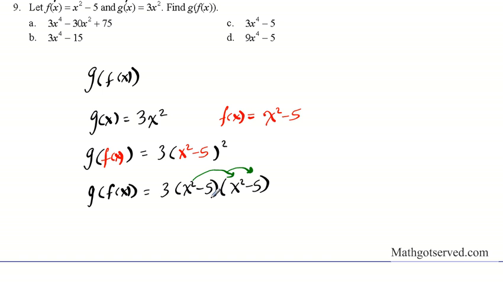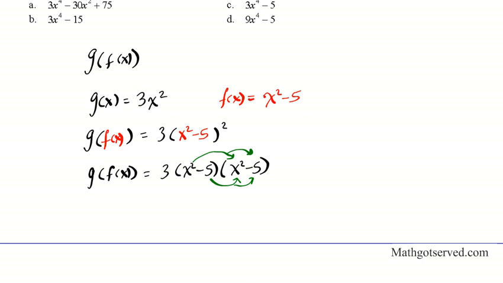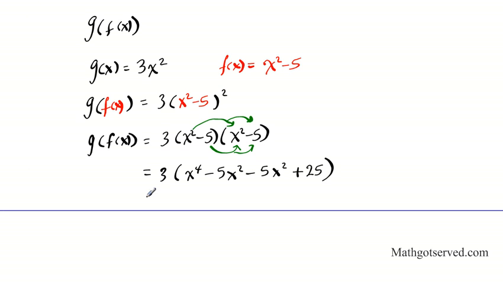First, outer, inner, last. Okay? So we're going to have 3 times x squared times x squared is x to the fourth. x squared times negative 5 is negative 5x squared. Negative 5 times x squared is negative 5x squared. Minus 5 times minus 5 is positive 25. Combining the middle terms, we're going to have 3 times (x to the fourth minus 10x squared plus 25).